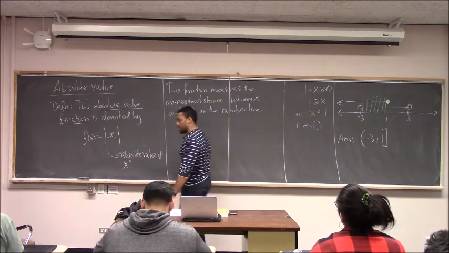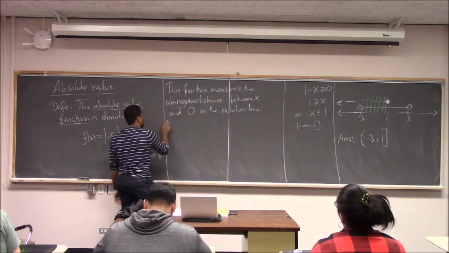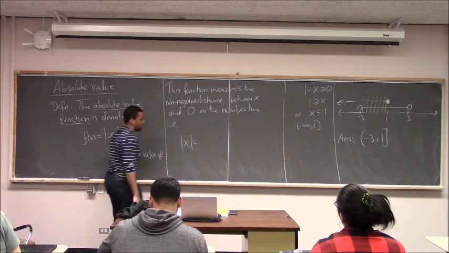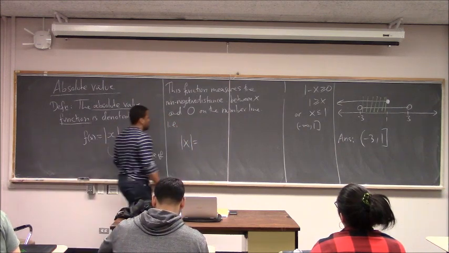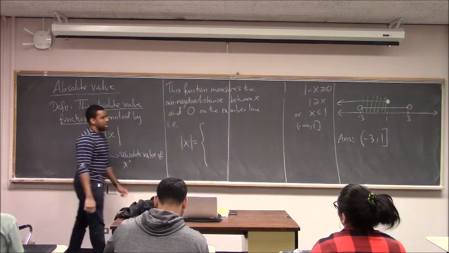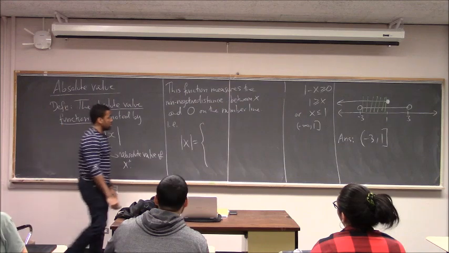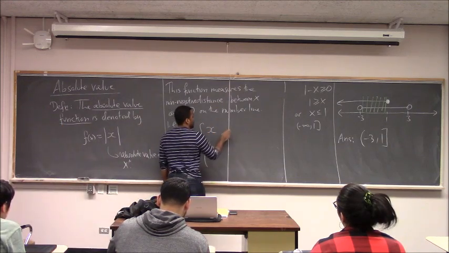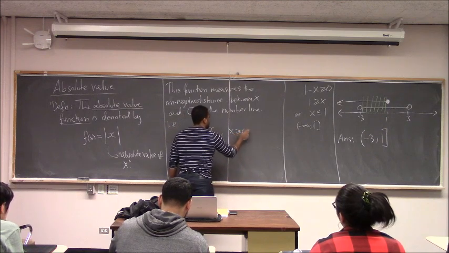A nice way to say this mathematically is the following: absolute value of x is equal to the following. One of the nicest ways to look at it is as a piecewise function, where it gives you x if your x is greater than or equal to 0.